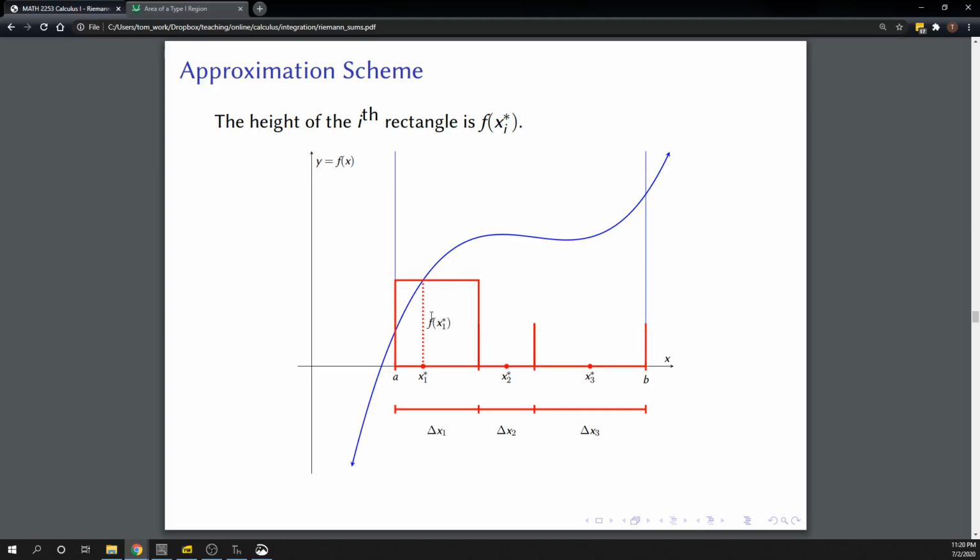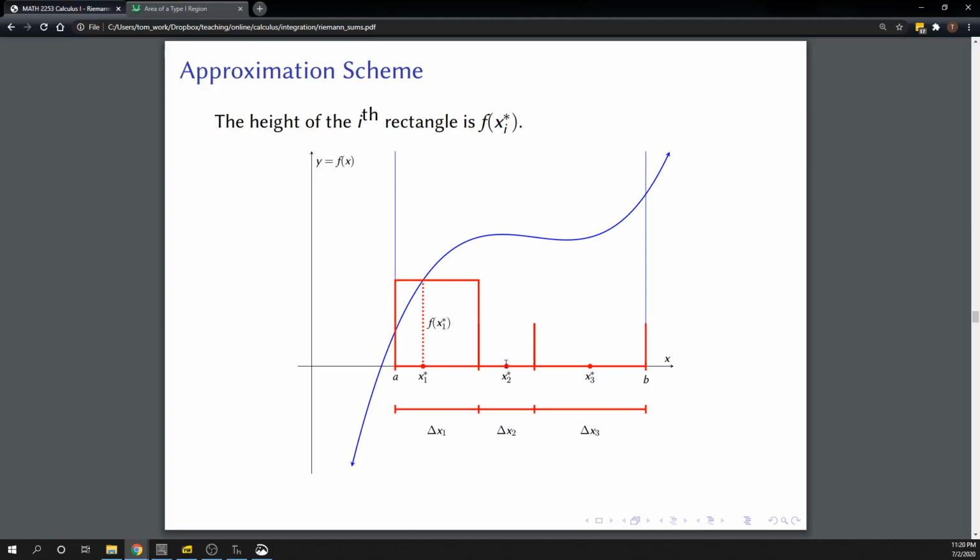That also has the advantage that it is really easy to figure out the height of this rectangle. All I would have to do is take this number x1 star and plug it into the formula for this function, whatever that is, because that would give me the y value, how high up the point is right here. And I just do the same thing for the second rectangle.